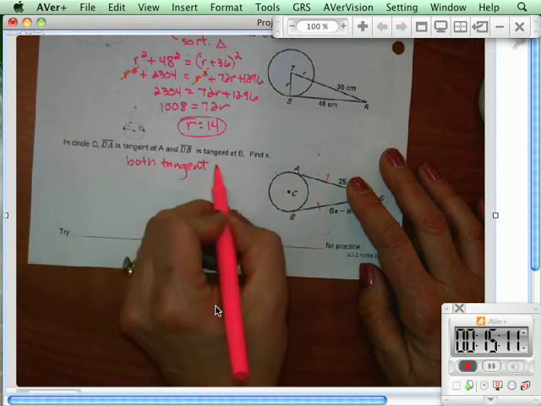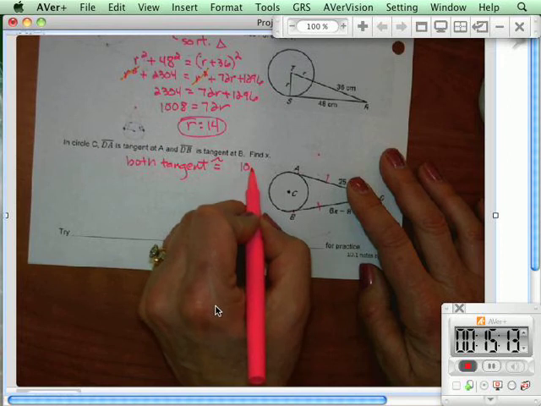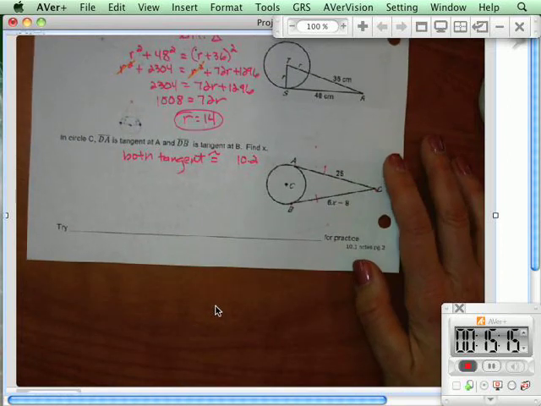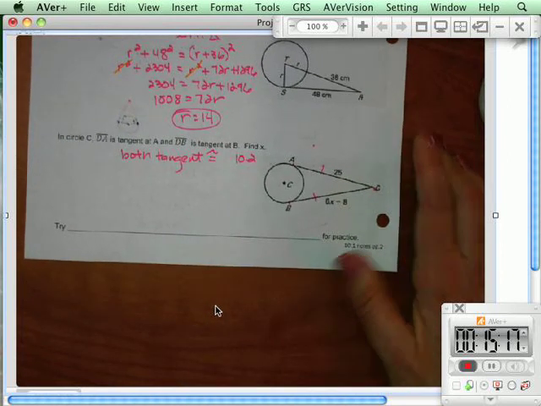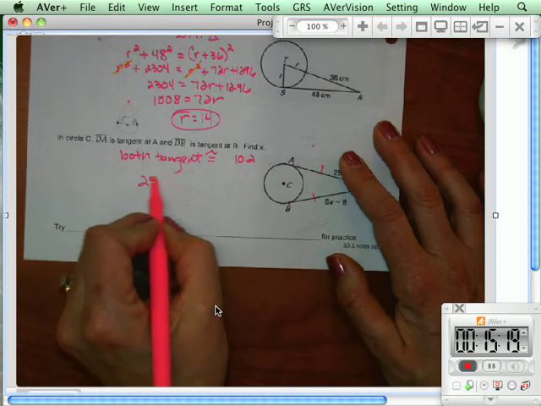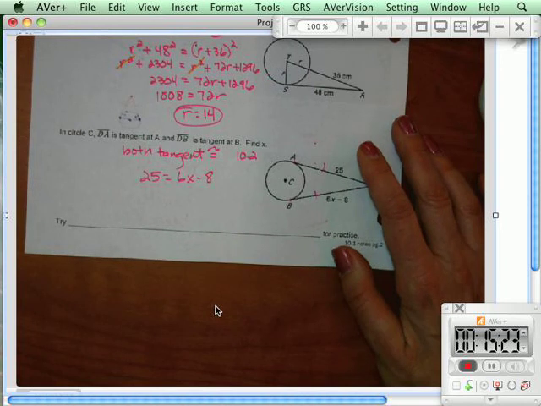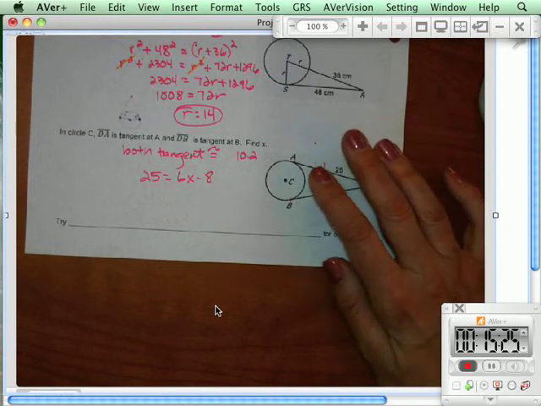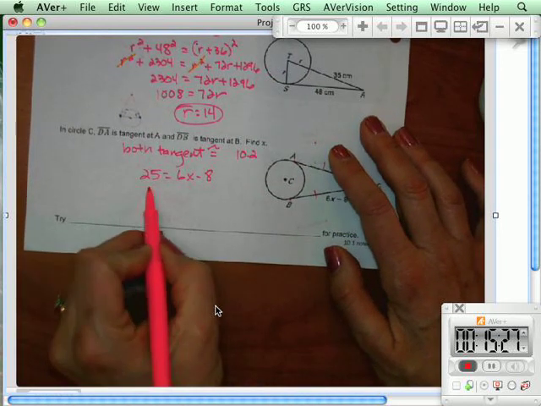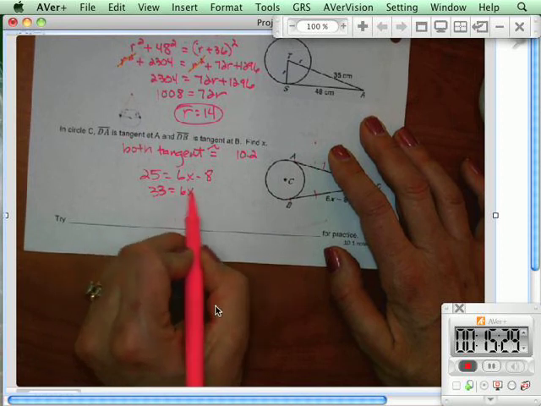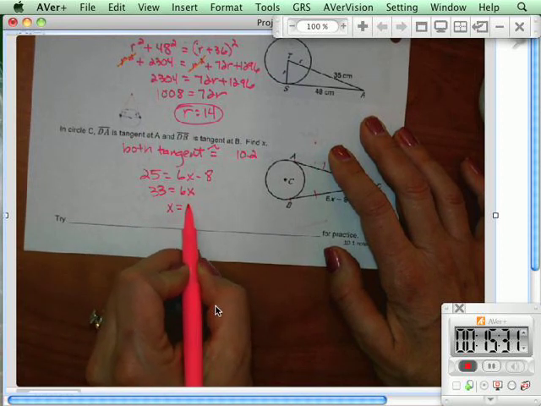So they are congruent. That's from 10.2. So then we can just do the simple algebra, which is Annie's favorite. Add 8 to both sides. 33 equals 6x. X equals 5.5.